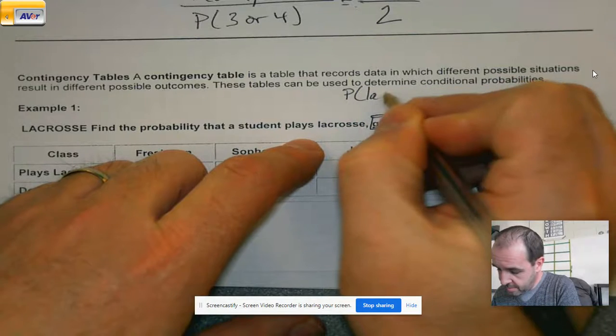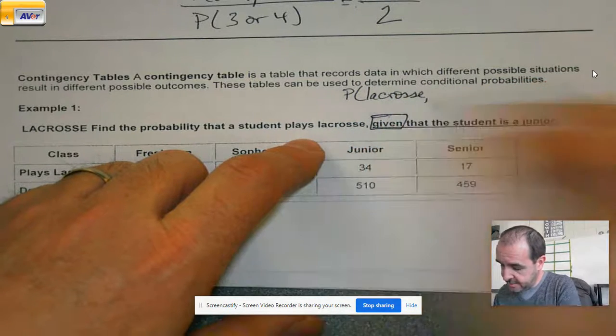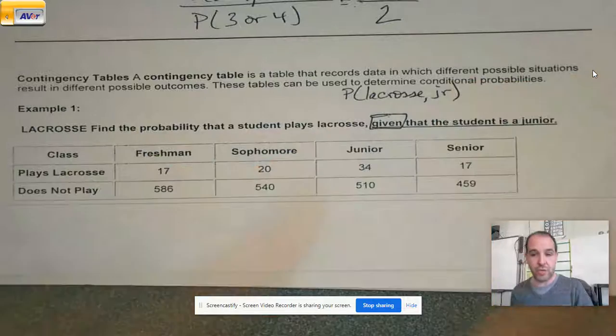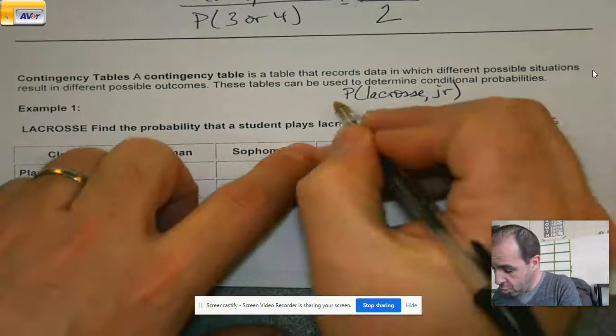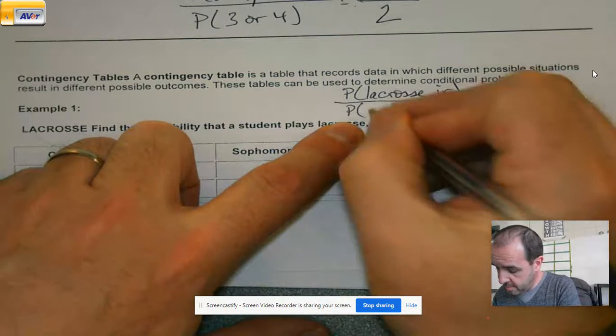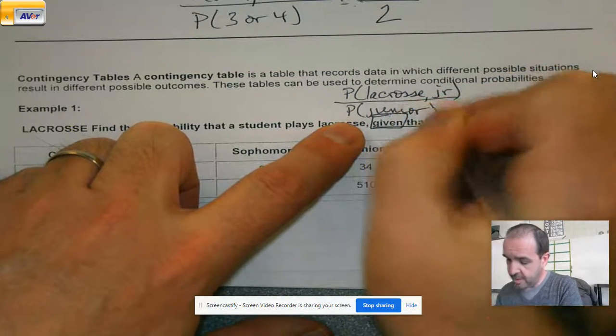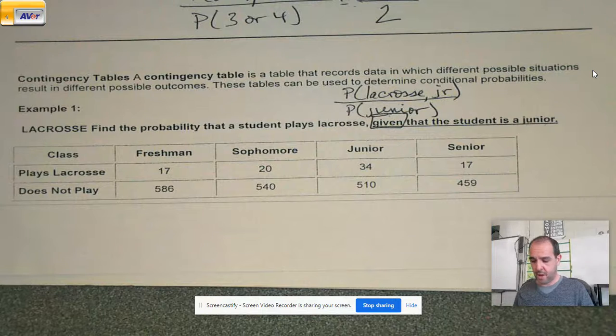Probability that they play lacrosse and are a junior, both go on top, over the probability that they're a junior. Okay, now we may not be given all the information every single time.